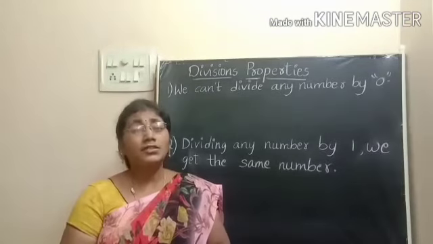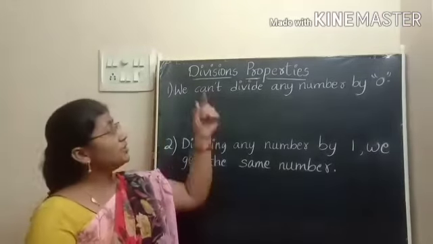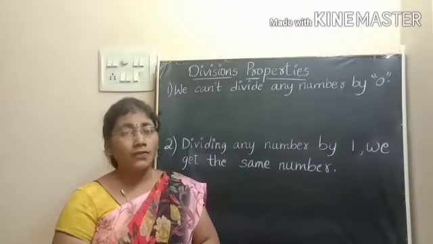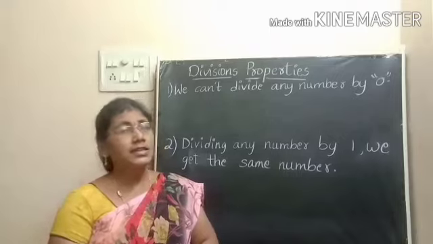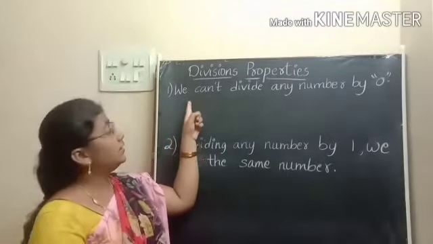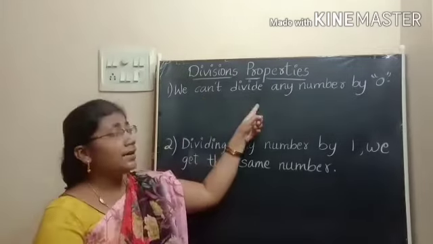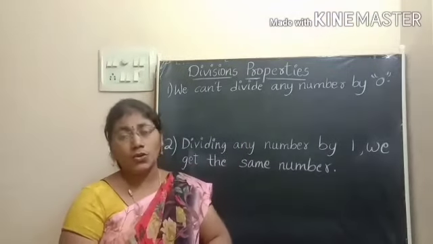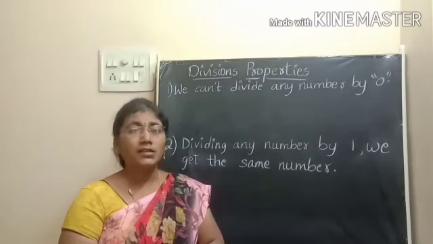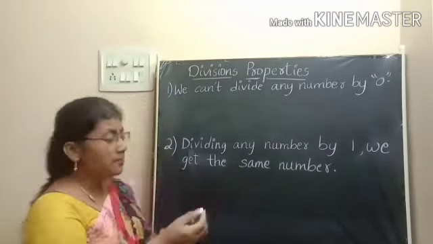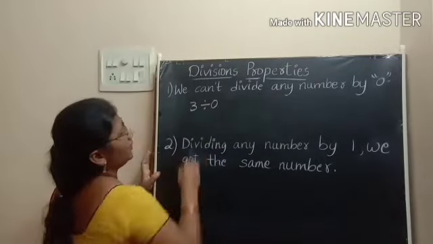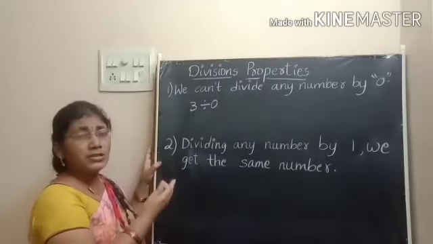Children, now we are going to see the properties of divisions. The first property is we can't divide any number by 0. For example, 3 divided by 0 is not possible.